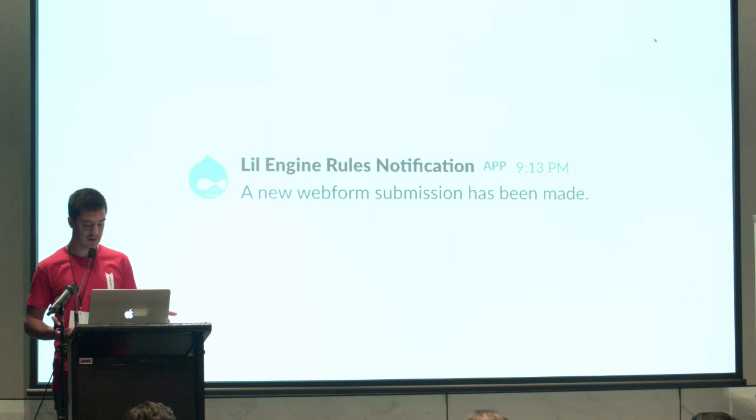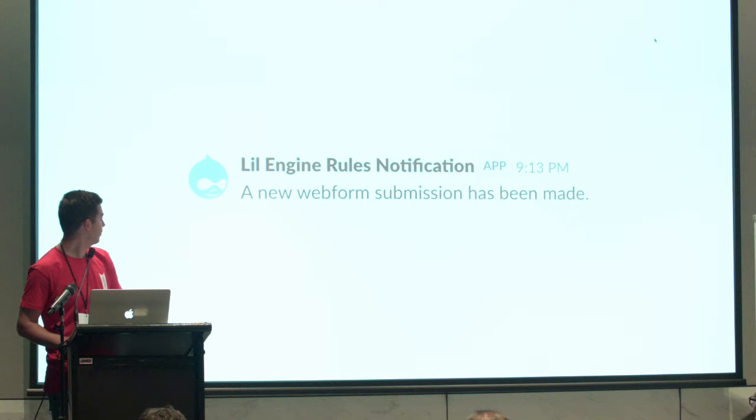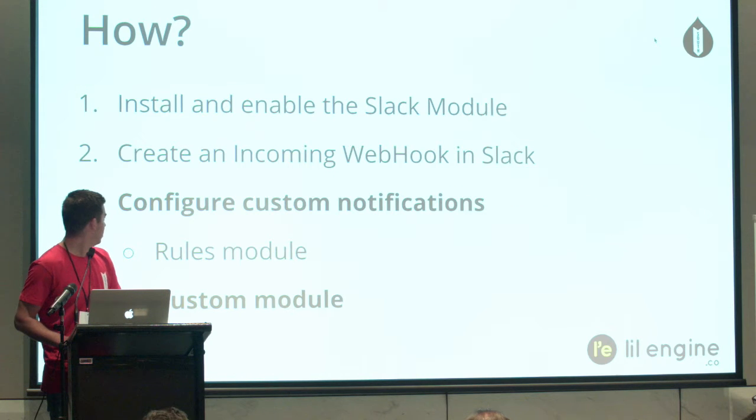And this is an example of the output in Slack. Which, like I said, that's great, but if we want a more custom output, we need to do a custom module.